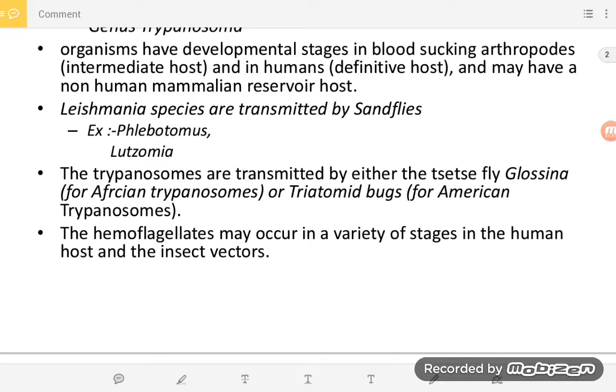The flagellates may occur in a variety of stages in the human host and the insect vector. So when we consider Leishmania species or Trypanosoma species, there are many stages we can observe in their life cycle. Some stages are present in the human host, some are present in the vector.